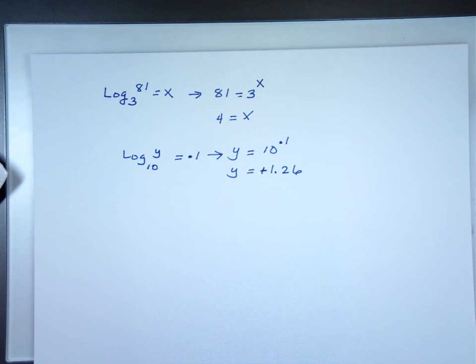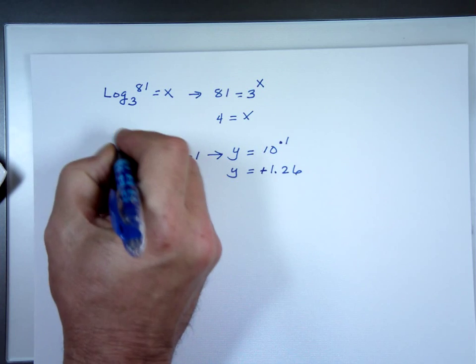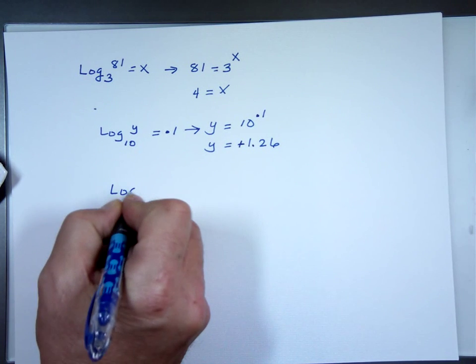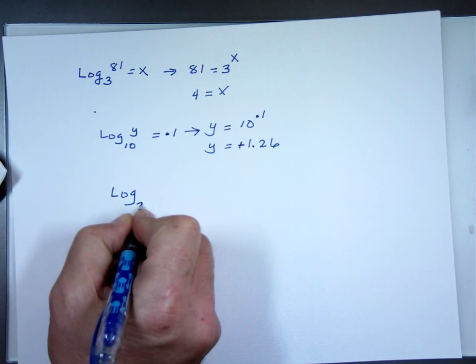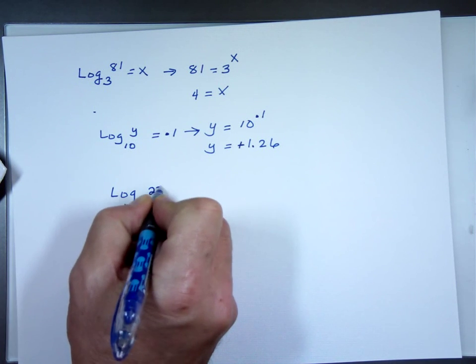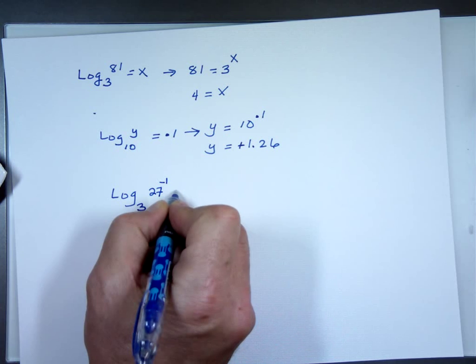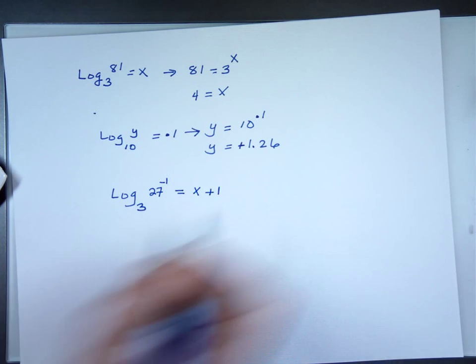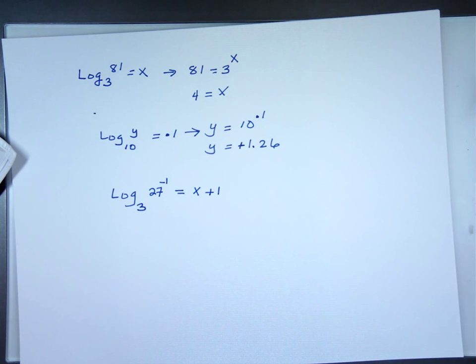Okay, let's make them a little bit more challenging. I have no idea what the answer to this is going to be, but let's try this. Log base 3 of 27 to the negative 1 equals x plus 1. Solve it for x.